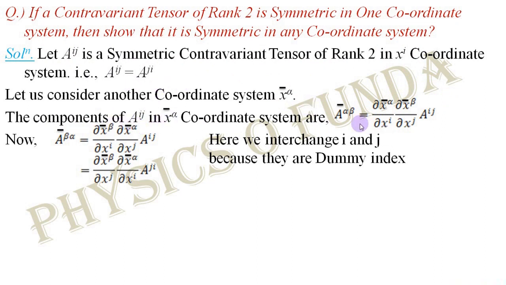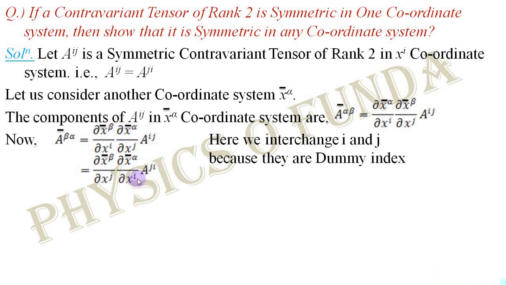Because in this transformation equation we consider A bar alpha beta, but if we write A bar beta alpha, then we should swap the position of alpha and beta like this.